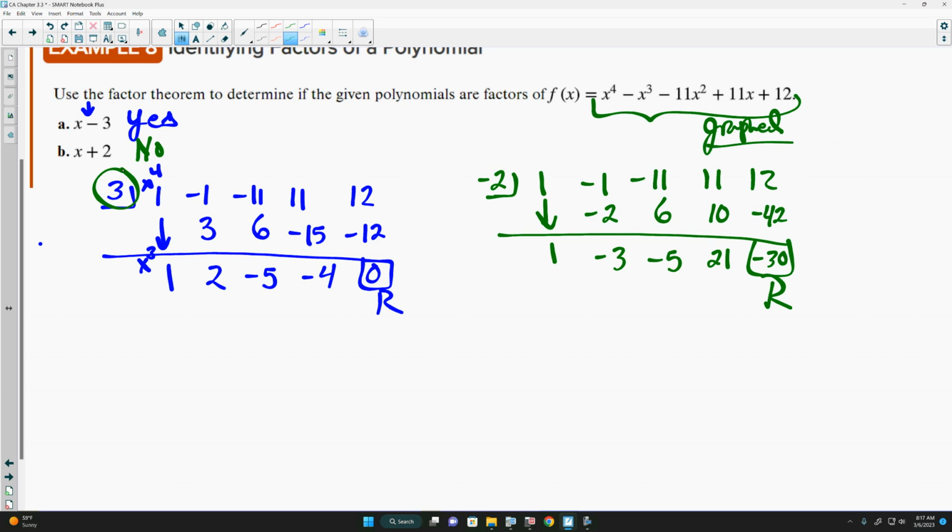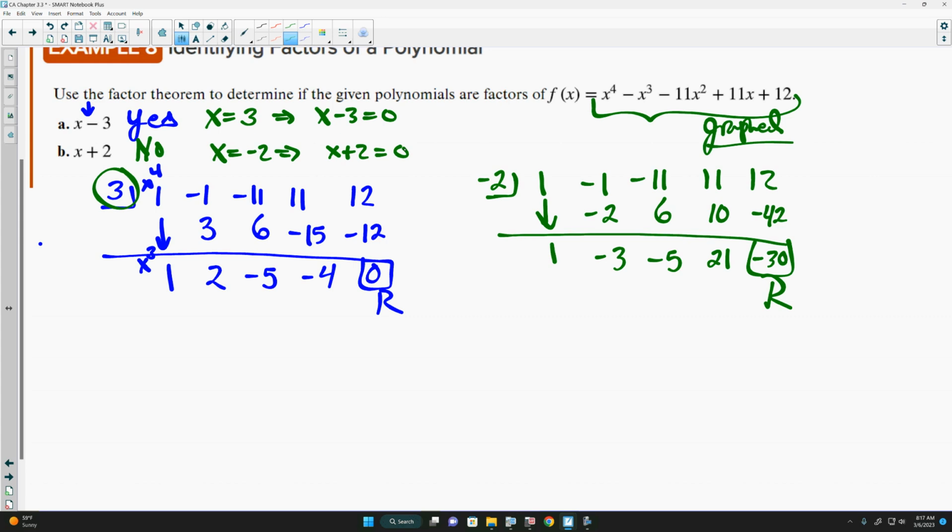Because if it crosses the x-axis, it means a solution saying x is equal to 3 or x is equal to negative 2. Here, if we subtract 3 from both sides, or here we add 2, we kind of get it back to a linear factored form. And that's really it.